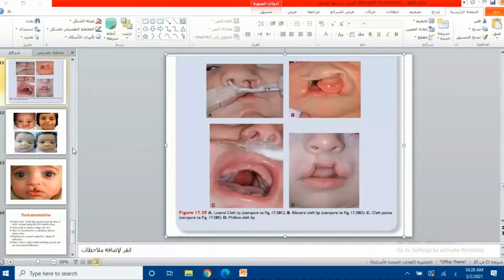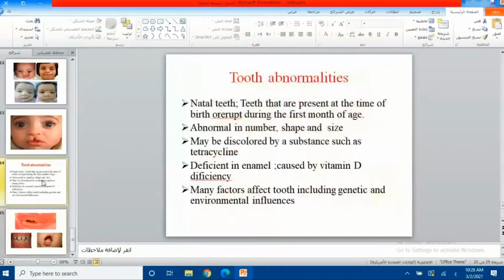Also, we said that we have some cases like natal teeth, that is present at the time of birth, or it can also erupt during the first month of the baby's age. It may be abnormal in number, shape, and size, and also discolored by some kinds of antibiotics or medicines like tetracycline. Also, it can be deficient in enamel, caused by deficiency of vitamin D. All of these can happen due to many factors, including genetic and environmental factors.